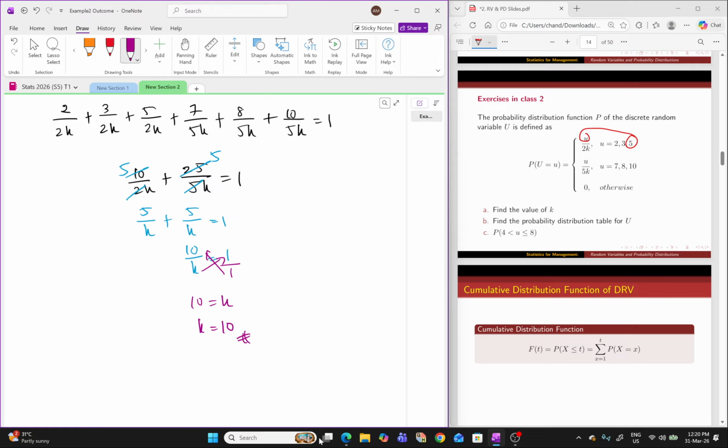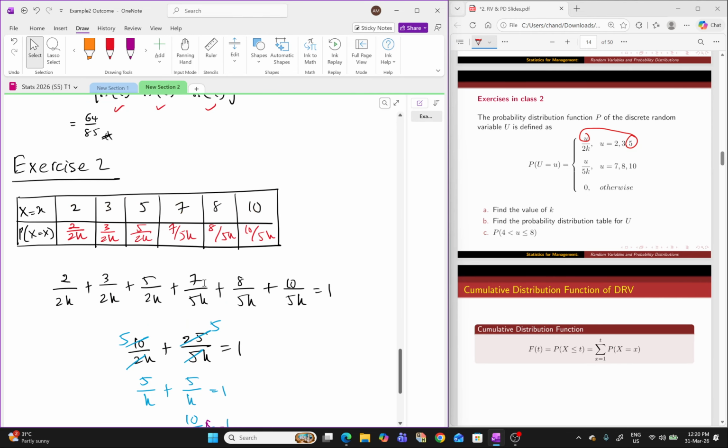So if your K is 10, okay. Find the probability distribution table for you.